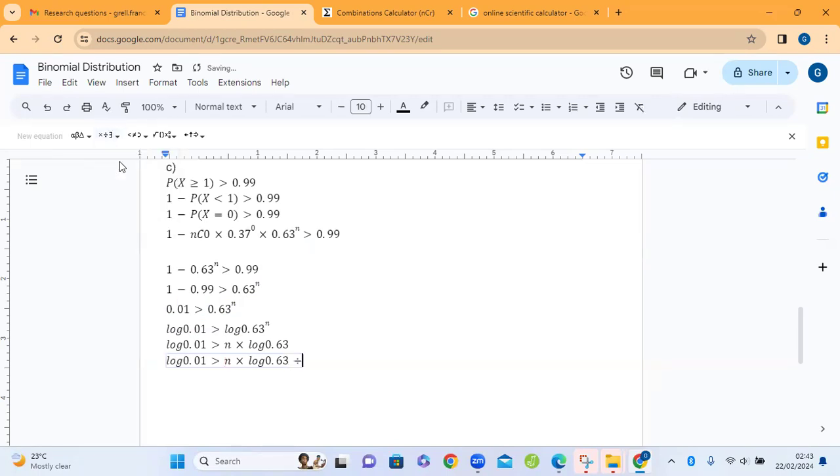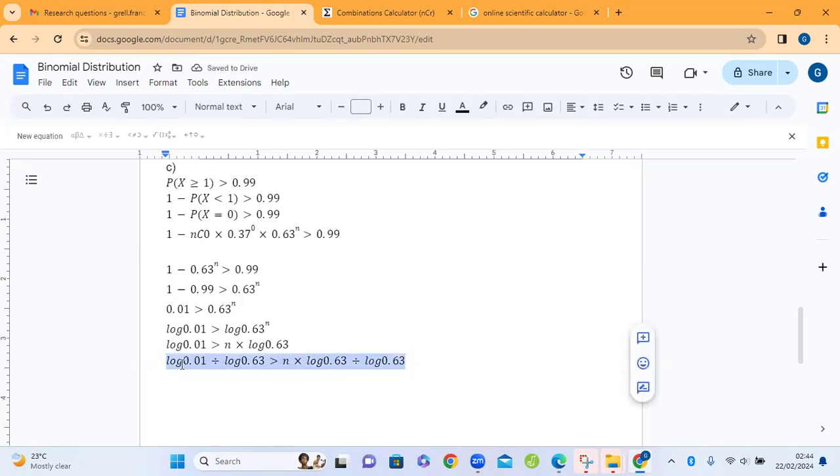So here we're going to divide by log 0.63 on the right, which means that we've got to divide by log of 0.63 on the left. This division will cause the inequality sign to change direction. And we can leave it there still and then do the switching in the next step.